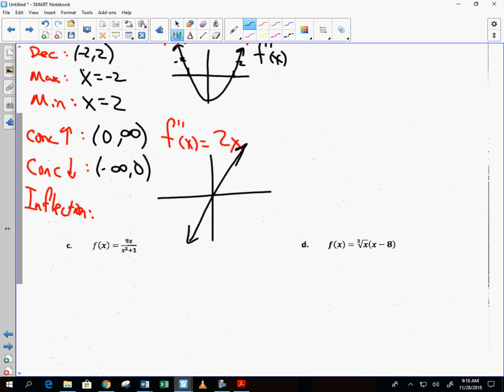Where does f double prime change sign? Inflection is going to happen where f double prime changes from positive to negative or negative to positive. So where does f double prime change sign? Happens right at 0.